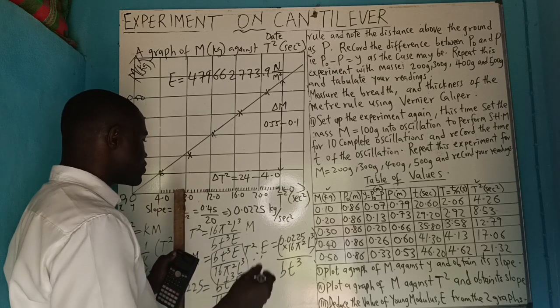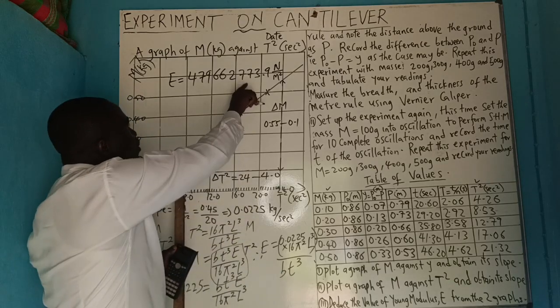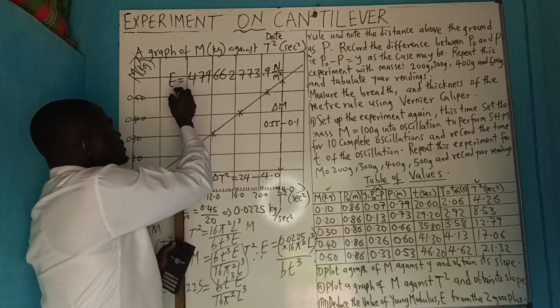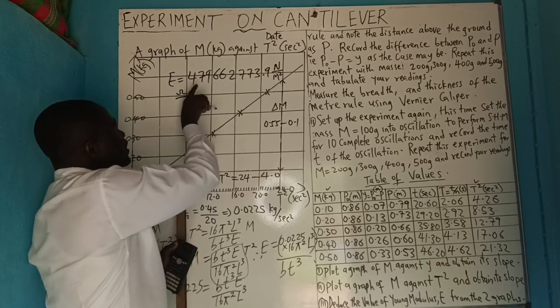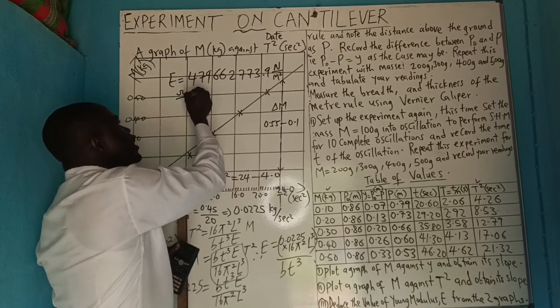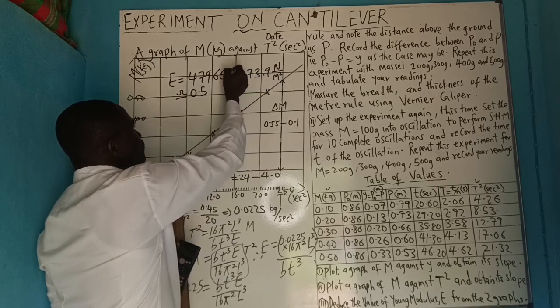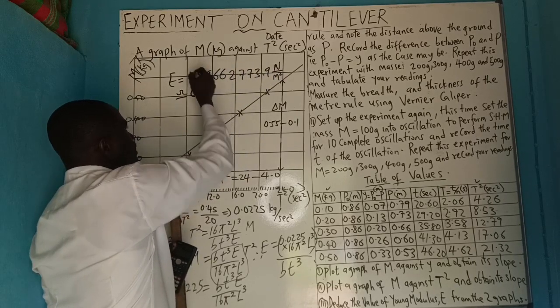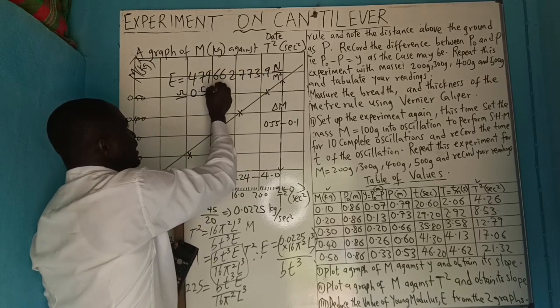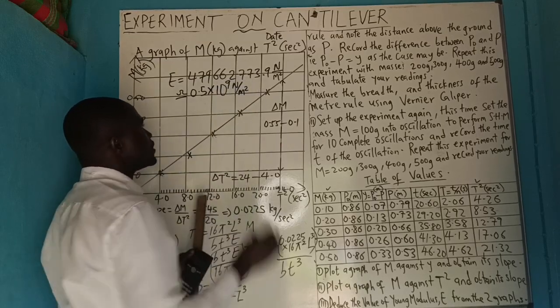Newton per meter squared. Yes. Now, approximately, our E will be equals to 0.5 times 10 raised to the power of 9 Newton per meter squared.